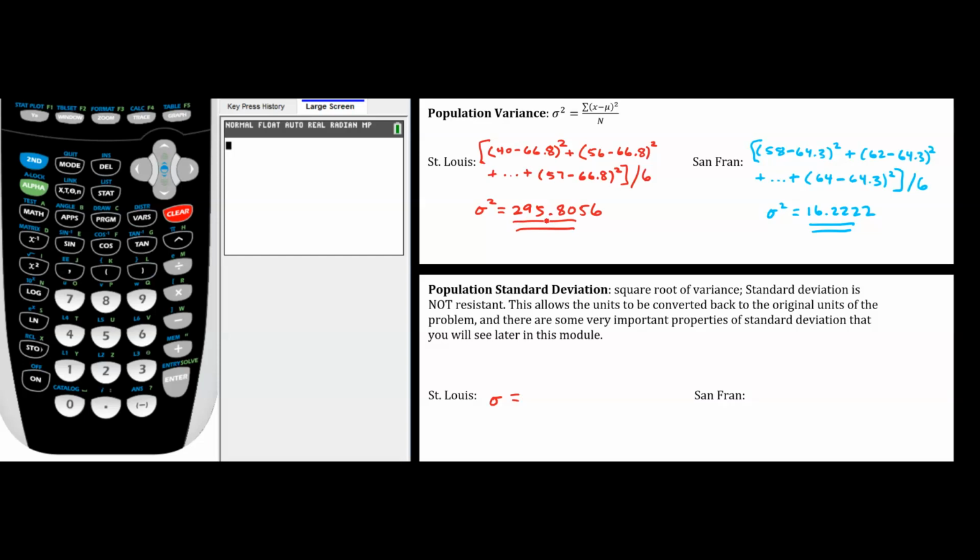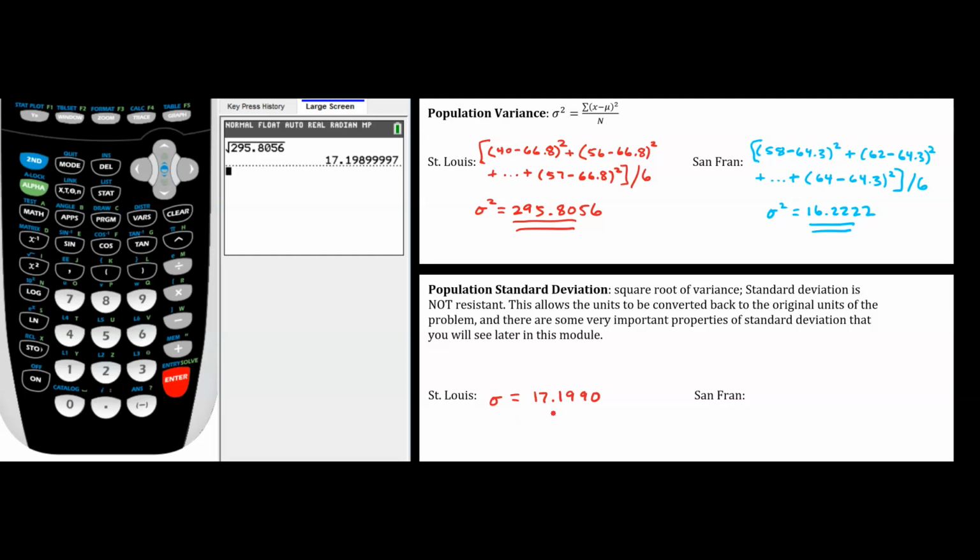And let's go ahead and punch this into the calculator, where we take the square root of 295.8056. Let's see what we get. So square root of 295.8056 leads to 17.19, and it looks like that's going to be 90 for rounding to 4 decimal places.